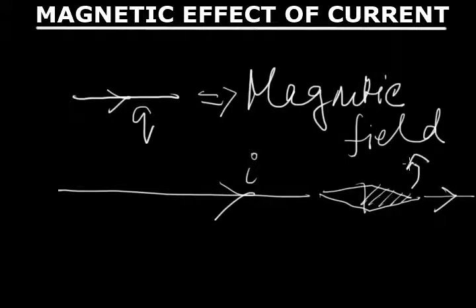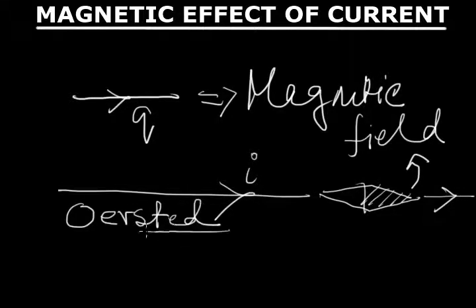This deflection, as he explained, was due to the magnetic field, which creates a force on the pole here and hence deflects the needle. So the first man to explain this whole phenomenon of magnetic effect of current was Oersted. So Oersted's experiment is very important as far as this magnetic effect of current is involved.